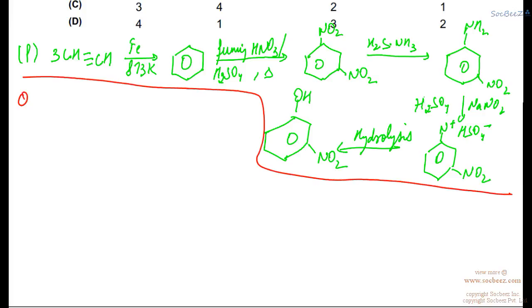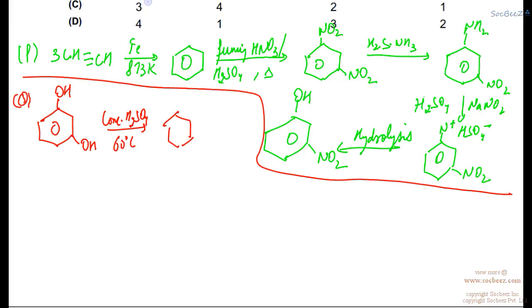Now let's see what happens in case of Q. When it is treated with concentrated H2SO4 at 60 degrees Celsius, it gives something like this: OH, OH, SO3H.